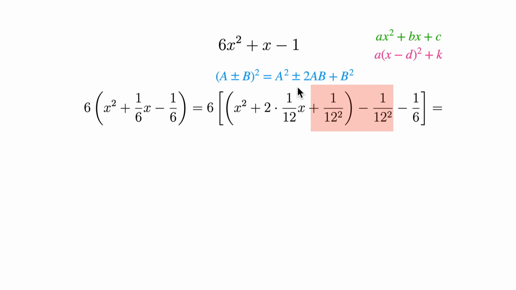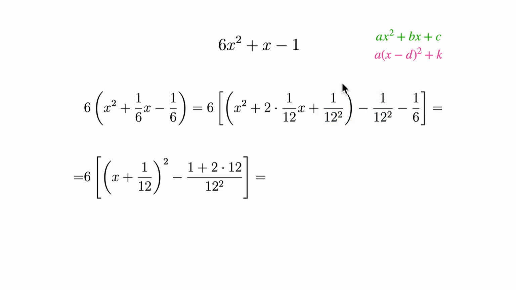So in order to complete the square, I have to add b squared, here is b squared, and in order to respect my equality sign, I have to subtract it back, so that it is a zero operation. And then this one was here from the beginning, so I just copied it.